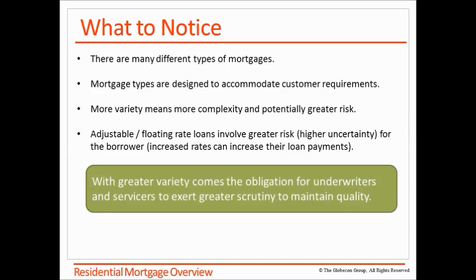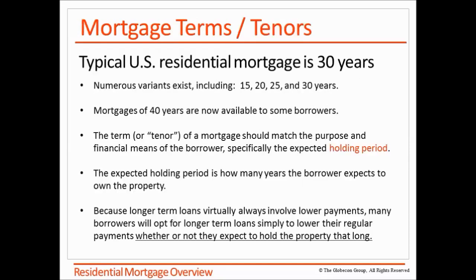And so with the greater variety comes the obligation for underwriters and servicers to exert greater scrutiny to maintain quality. So all of these different loan types increase the overall complexity and potentially greater risk for both the bank and the borrower.